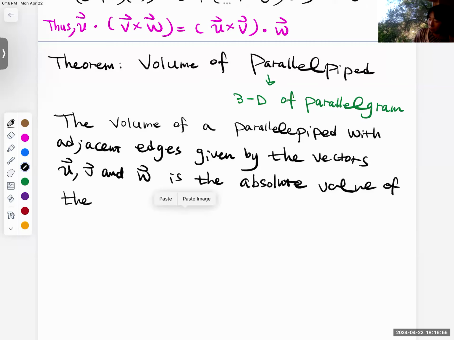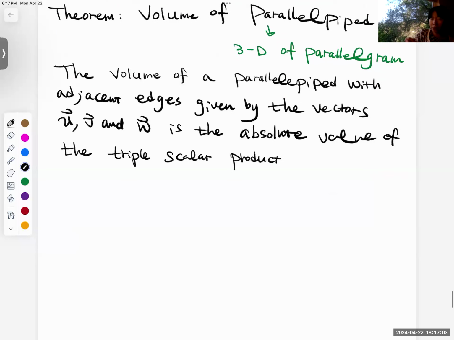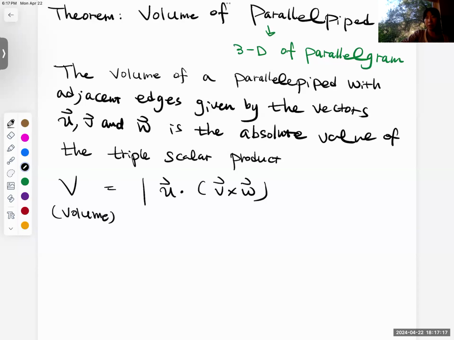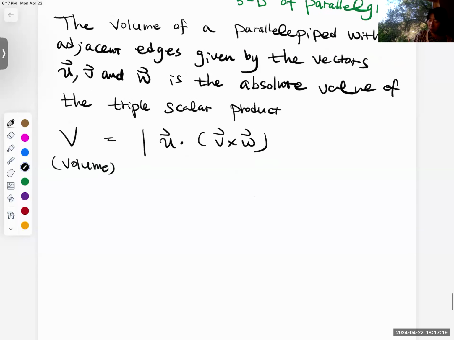So triple scalar product. We just did that. Okay, so we are using the first letter, volume, yeah, V equal to U dot V cross W, right? Okay, so this is the last example today.